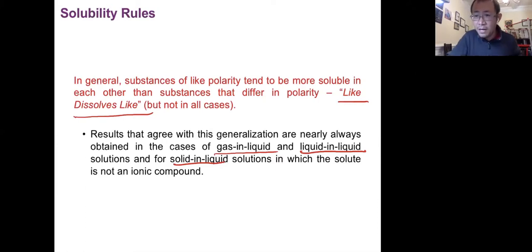Can anybody tell me, let me ask one of you. You have done this even in your test. Becca, can you tell me whether water is a polar solvent or non-polar solvent? Becca?